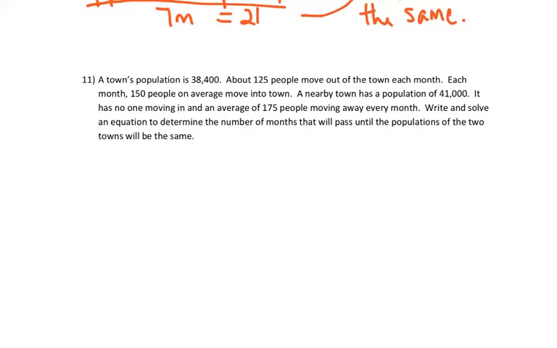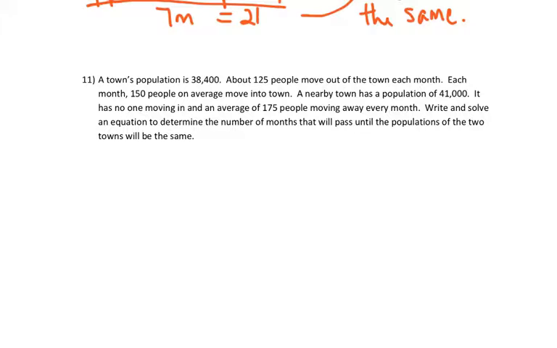There we go, there's 11. Number 11 says a town's population is 38,400. About 125 people move out of the town each month. And each month, 150 people on average move into town. A nearby town has a population of 41,000. It has no one moving in and an average of 175 people moving away every month.